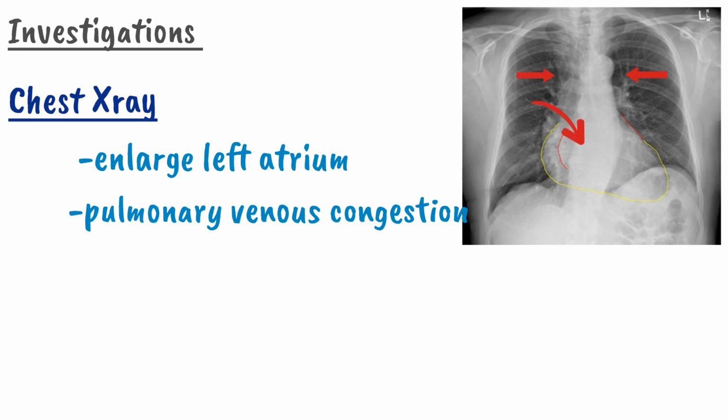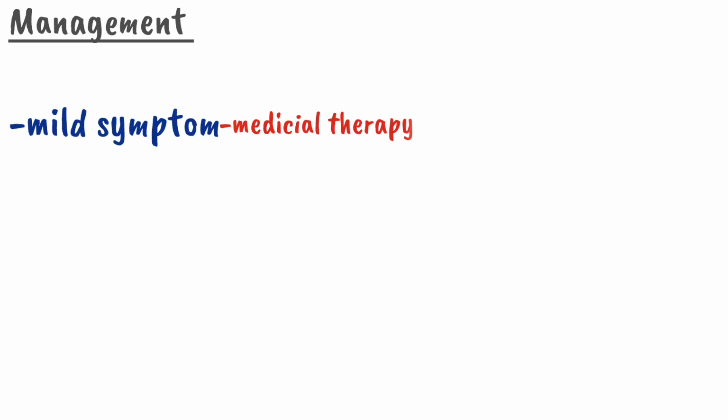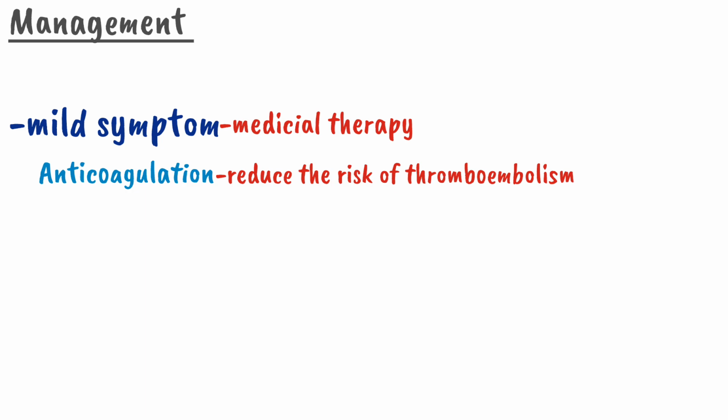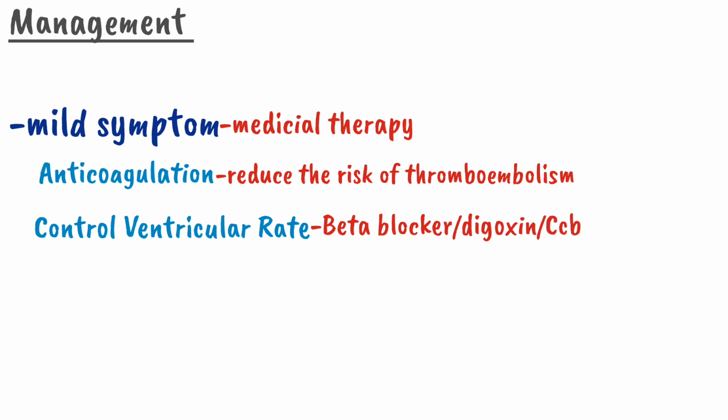Now let's discuss the management options for mitral stenosis. If a patient with mitral stenosis presents with mild symptoms, then we can treat the patient with medical therapy. The medical therapy for mitral stenosis includes anticoagulation, which will reduce the risk of systemic embolism. Along with that, we can reduce the ventricular rate with beta blocker, digoxin, and rate limiting calcium channel blocker.